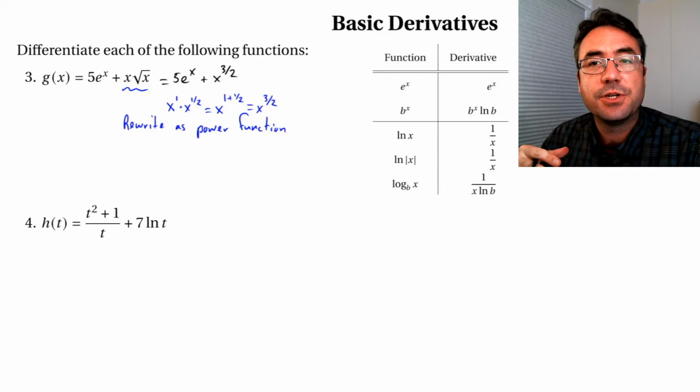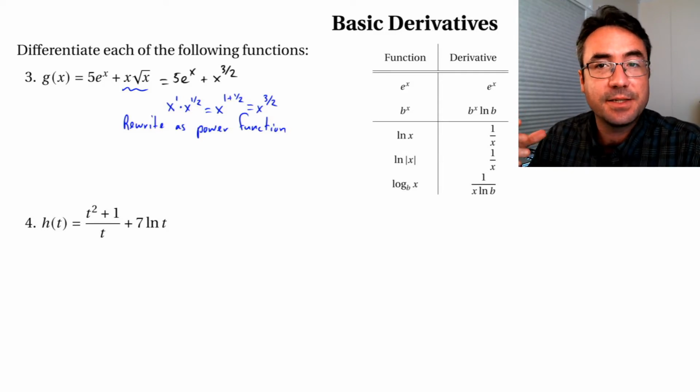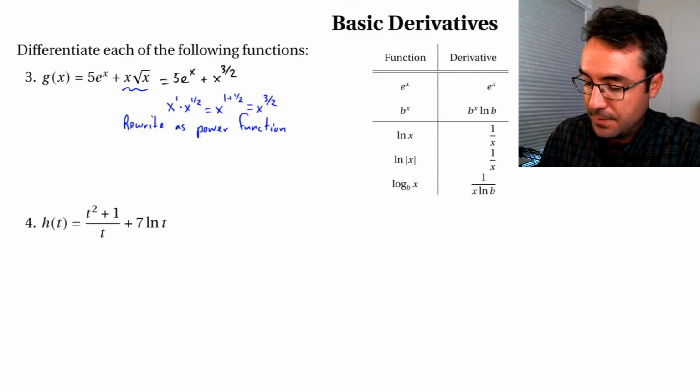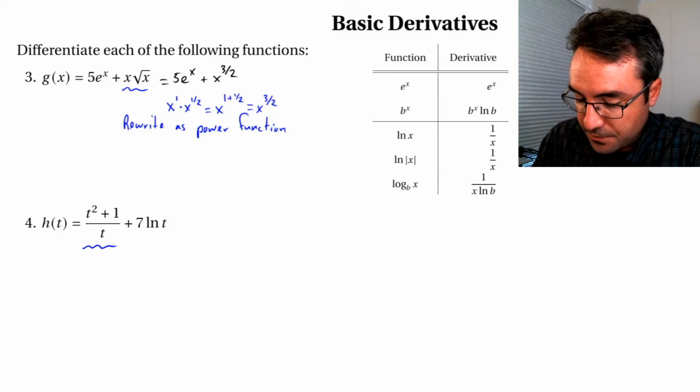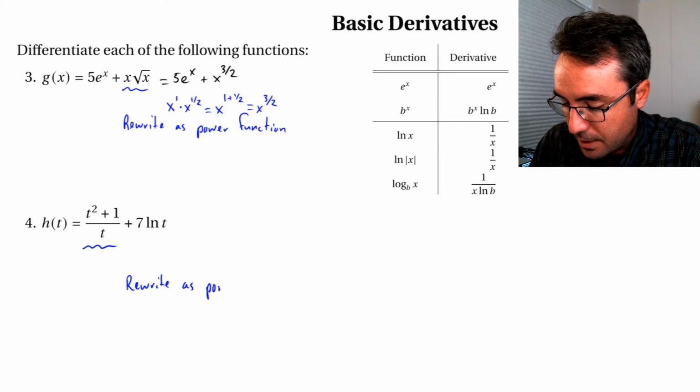Let's go down to the other function, though, while we're in this mindset of rewriting things as power functions, and let's see how we can deal with that fraction. So we're also going to rewrite this first term, that's going to present a bit of an issue, as a power function, or maybe a couple of power functions.